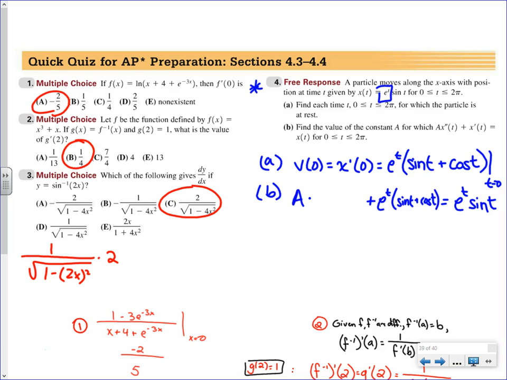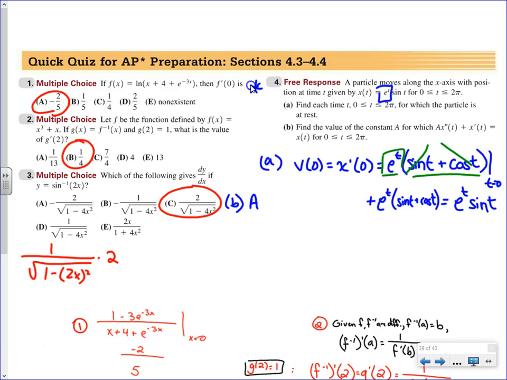What do I need for this one? Double prime. So A times the derivative of this one. Oh no, would be another quotient rule.